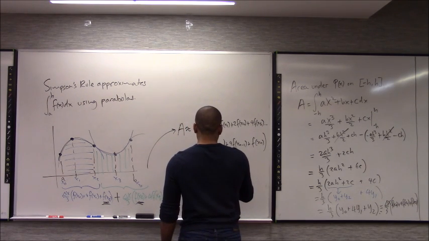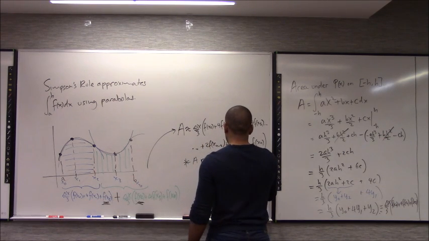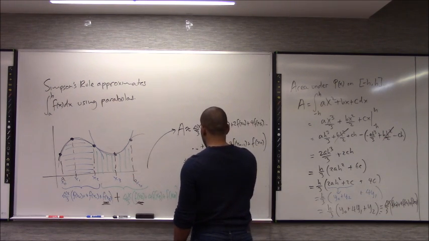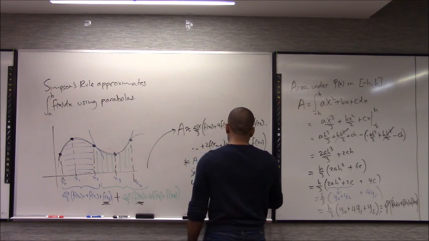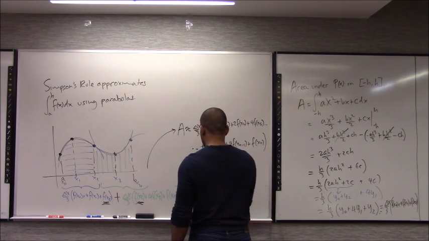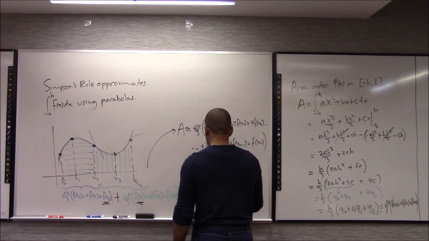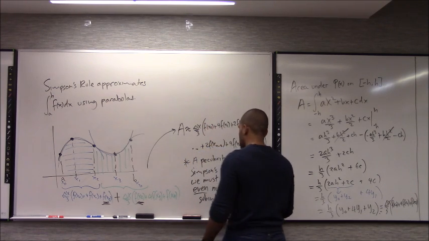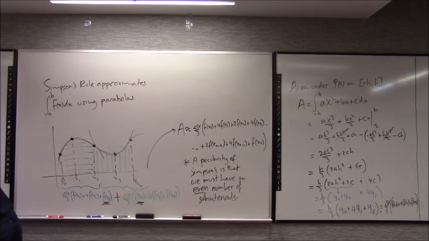It's not really a peculiarity in general, but it's a peculiarity when it comes to these formulas. Peculiarity of Simpsons Rule is that we must have an even number of subintervals. Other than that, you kind of just follow a formula.